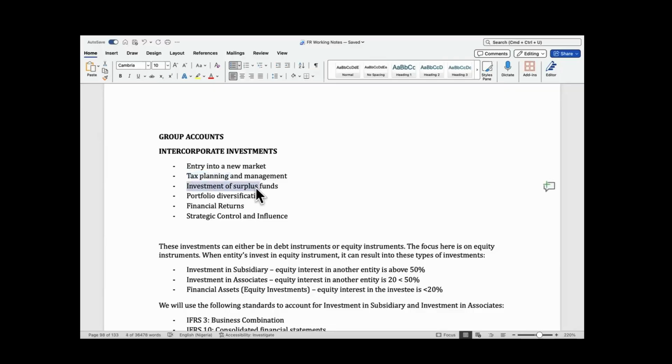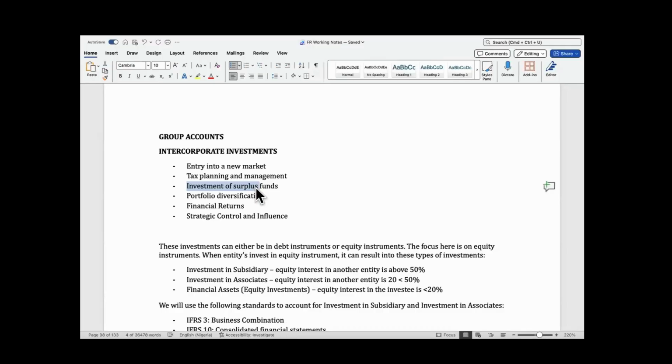Some companies can have surplus funds, idle funds, a lot of cash flows sitting idle in their bank. They decide to invest it in shares. They buy shares, and because the money is so much, they invest in companies. Others is for portfolio diversification.